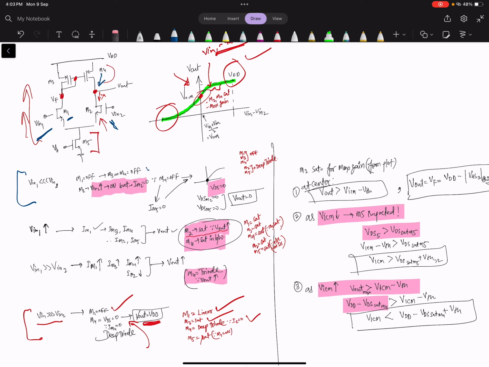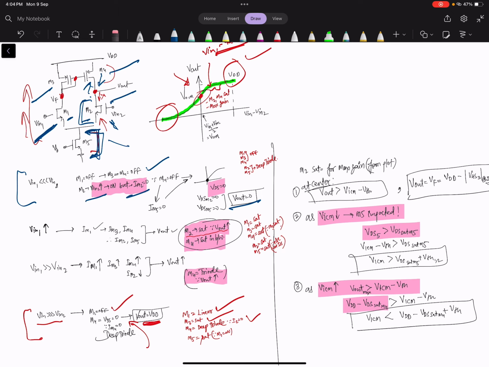So M1, M3, M4 are off, and since there is no path for current to flow, this branch has no current, but M2 is on, therefore VDS is 0 for M2 and M5, and therefore the output is 0. So from here you can see that M1, M3, M4 are off, and M2 and M5 are in deep triode. Simple.